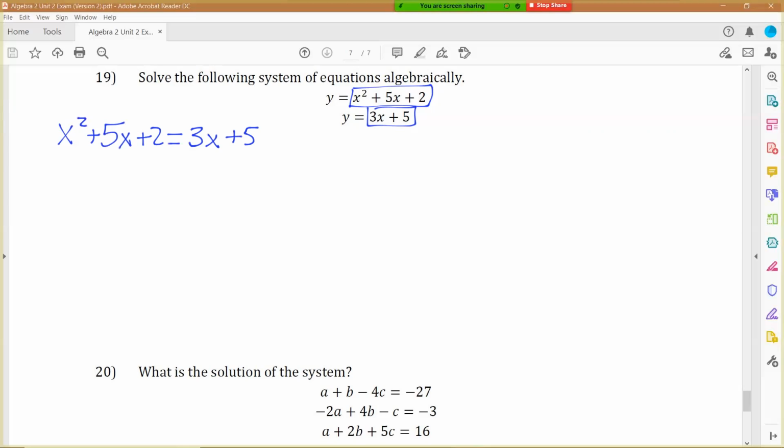Once you set them equal to each other, you want to move everything to one side. So I would move the 3x and the 5. So that gives me x squared plus 2x minus 3 equals 0.